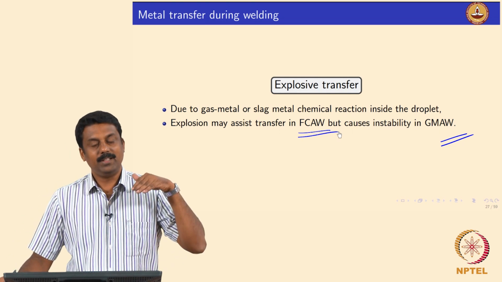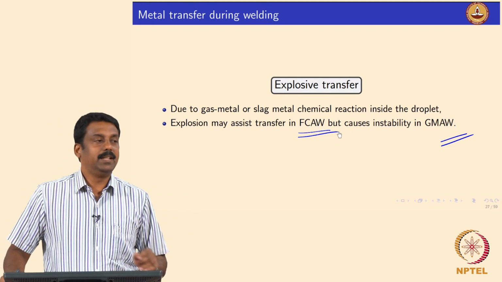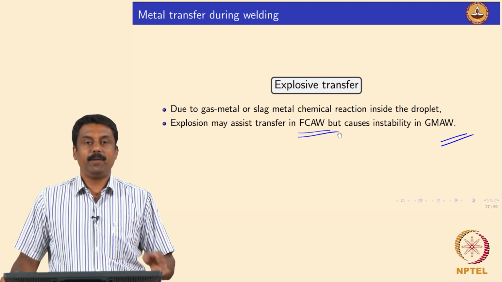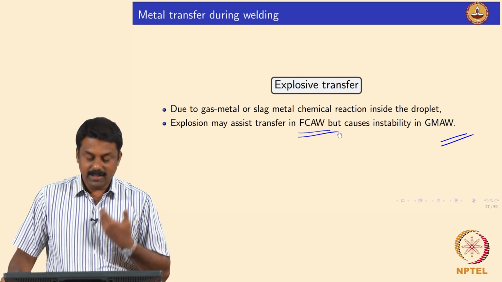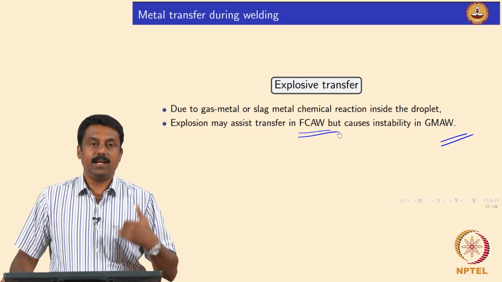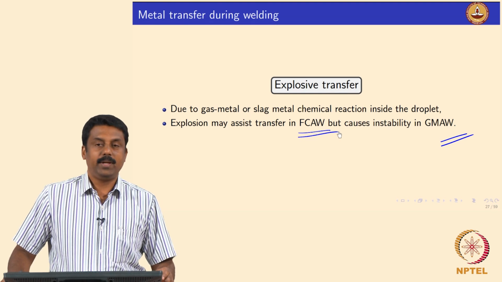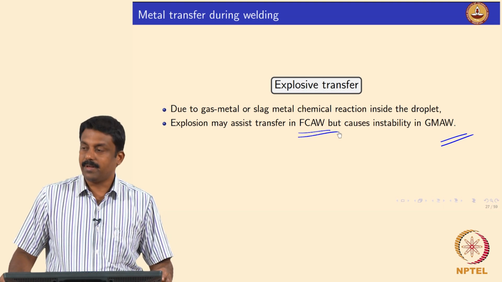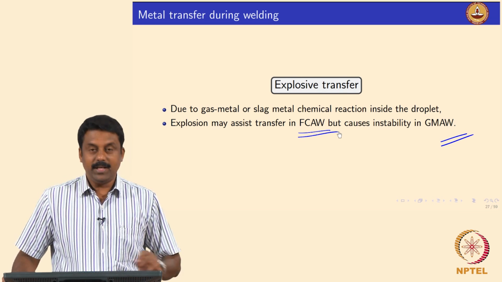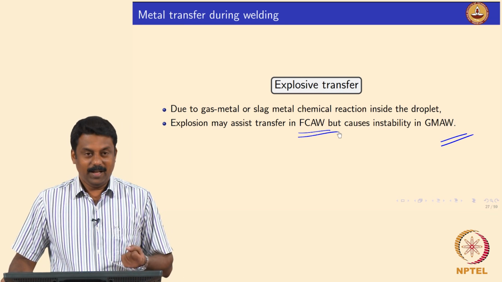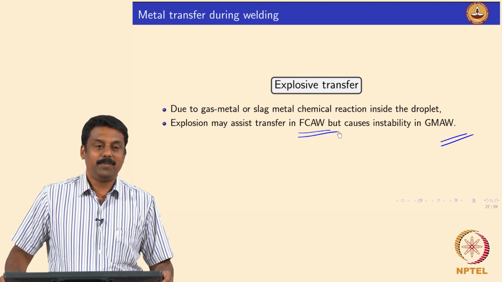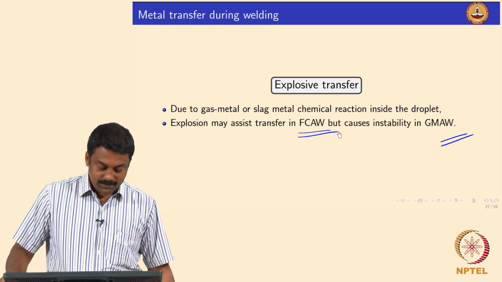You want the droplet to go to the weld pool, the cavity. If you are using FCAW or any other electrode to deposit a layer or coating, then we can use explosive transfer. Unfortunately, I do not have any video for this, because we never managed to get that. We need a very high current for explosive transfer. Good.